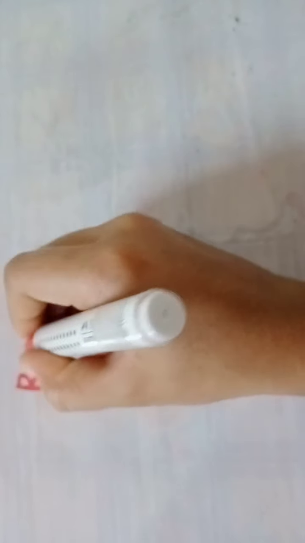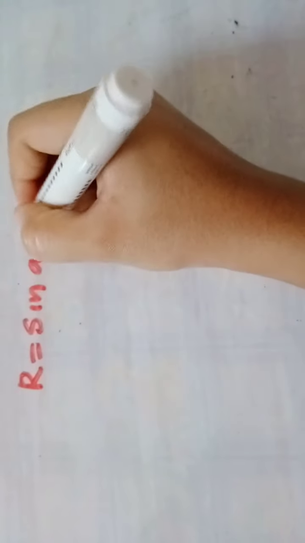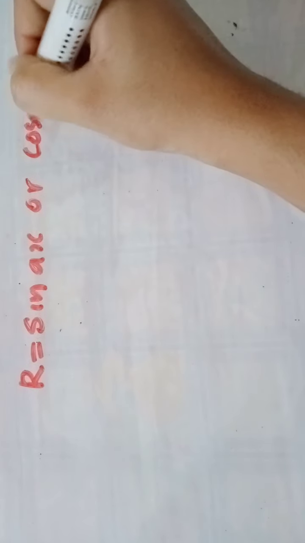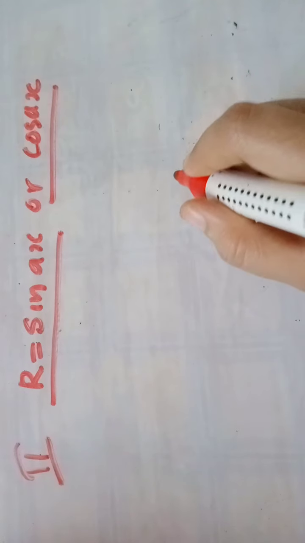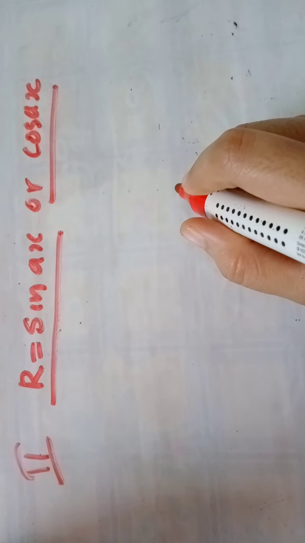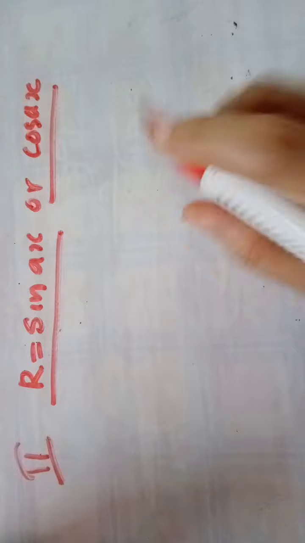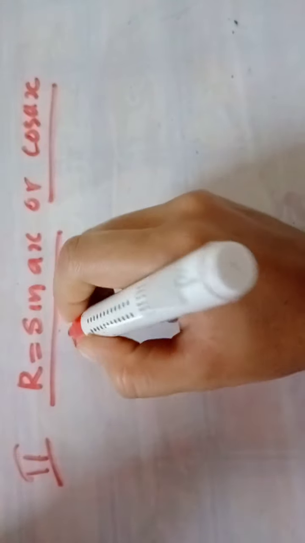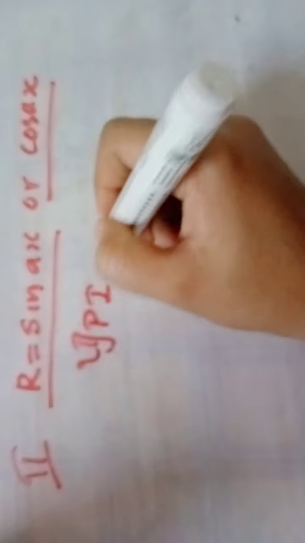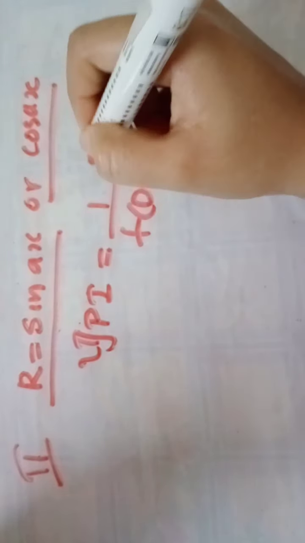If we are considering a non-homogeneous equation in which the right hand side is a function of sine and or cosine, the y particular integral can be found as 1 by f of D times sin ax.